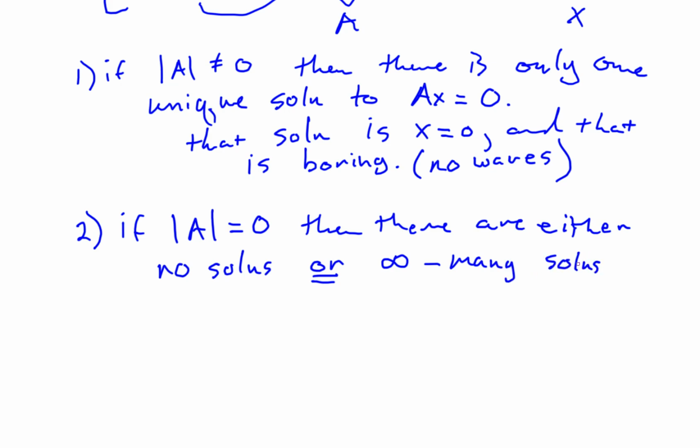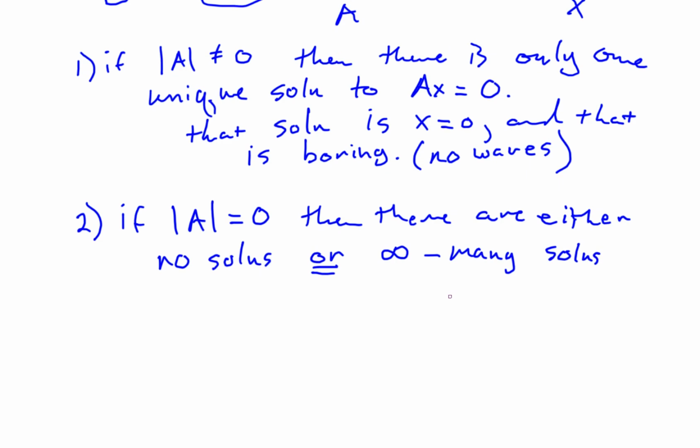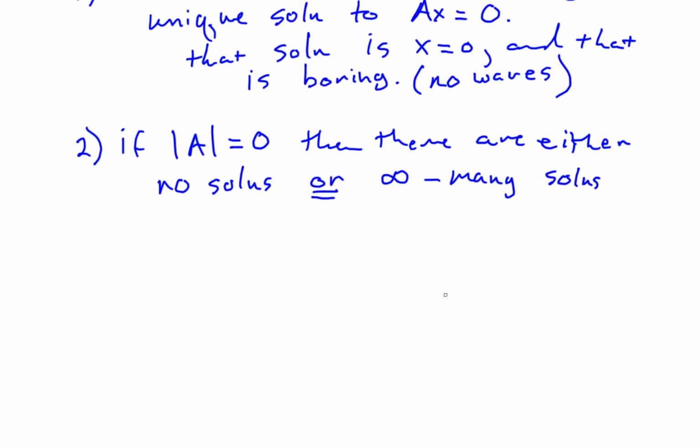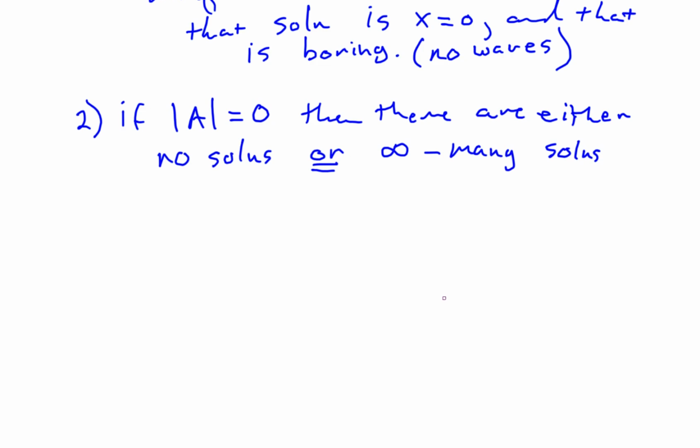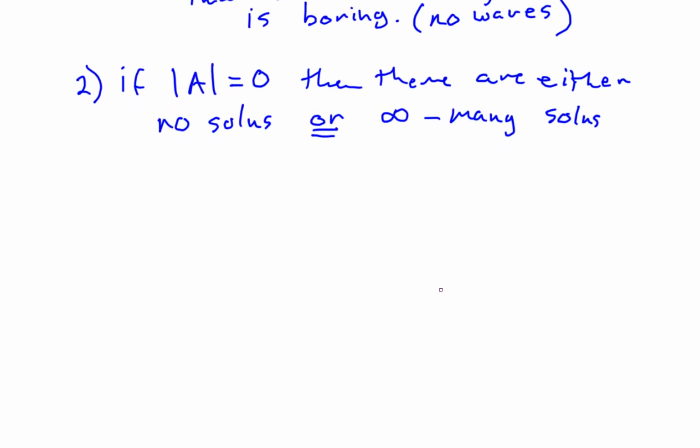And it turns out the second condition, the infinitely many solution branch, corresponds to linear waves. So to find the linear waves in our system, we're going to look and see if the determinant of the matrix A is equal to 0.